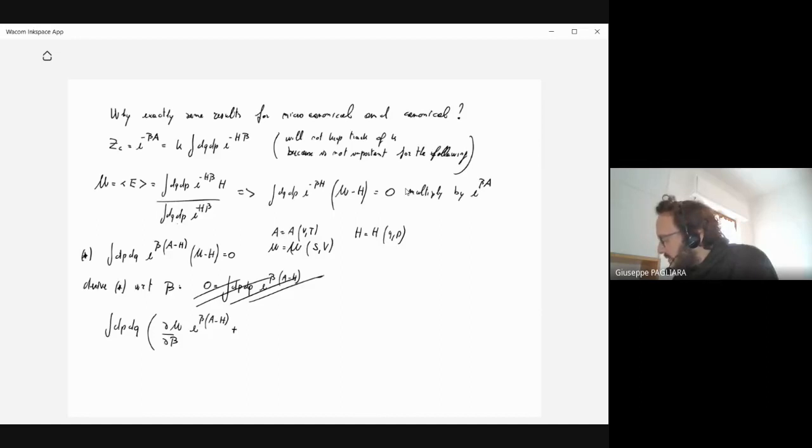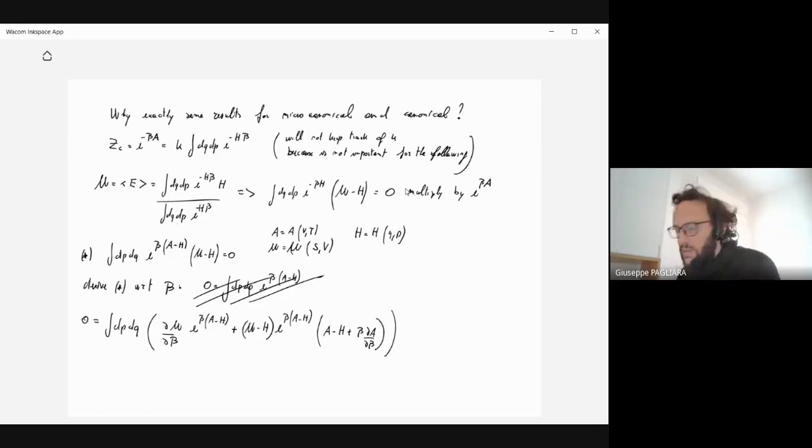Then I have plus (u minus h), (u minus h), e to the beta (a minus h). Then I have (a minus h) plus beta derivative of a with respect to beta. This should be equal to 0.